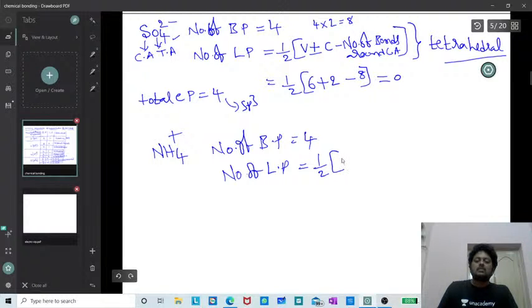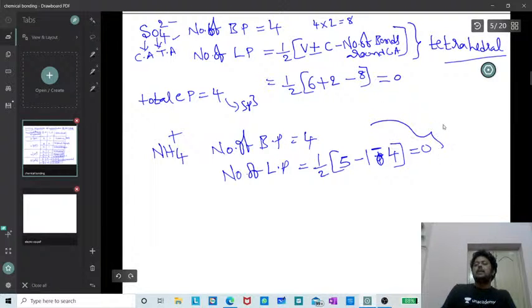Nitrogen valence electrons 5, positive charge means minus, so minus 1, 5 minus 1, minus the number of bonds around the central atom. 4 hydrogens form 4 covalent bonds, so 4. Sorry, minus not plus. So that is equal to 0.